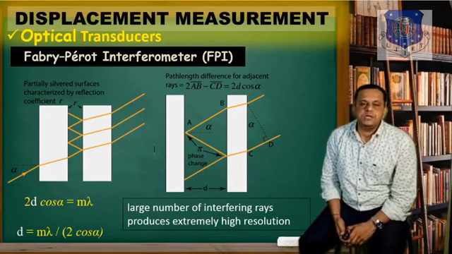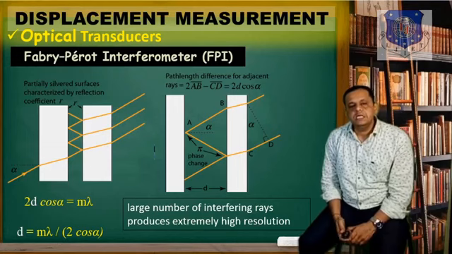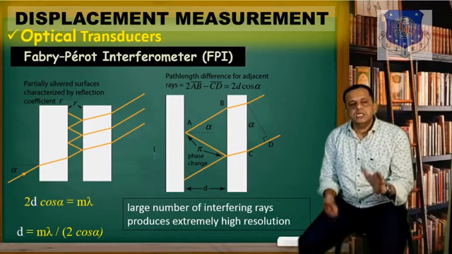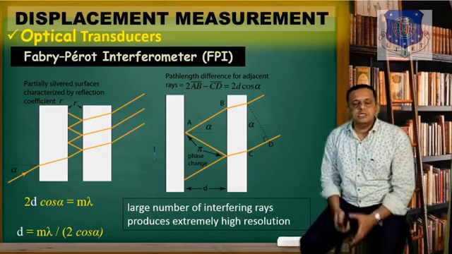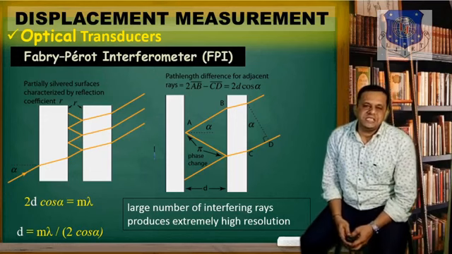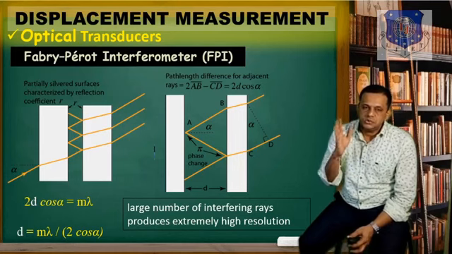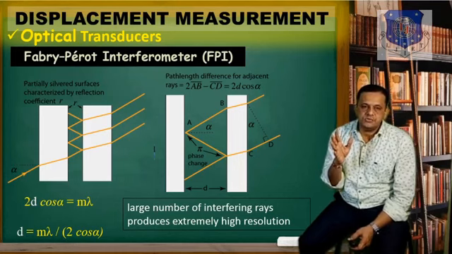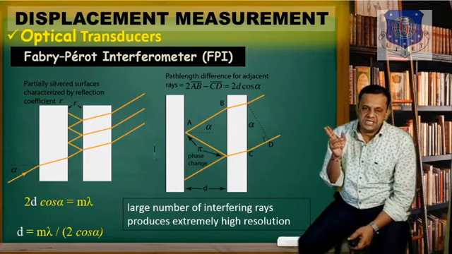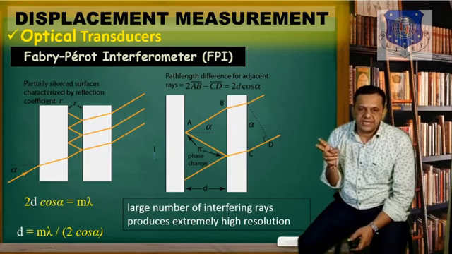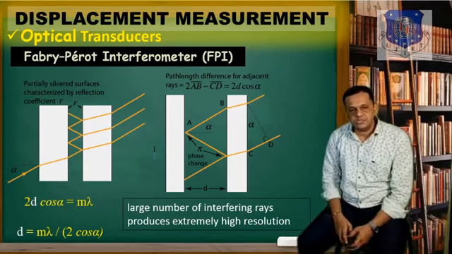This is the Fabry-Perot interferometer, FPI, and here we finish our topic on optical transducers. We have gone through the five types of optical transducers. The first was intensity based, the second was triangulation based, in the previous session.